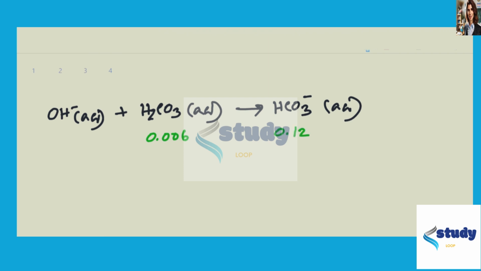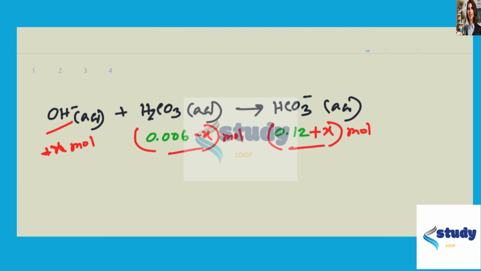Now if you're adding plus x moles of sodium hydroxide, that means this will react with x mole of carbonic acid, and in the resultant solution we will have 0.006 minus x mole of acid, and it will add x mole to the base. So in the resultant solution we will have 0.12 plus x mole of bicarbonate ion. So these are our resultant number of moles of acid and base.